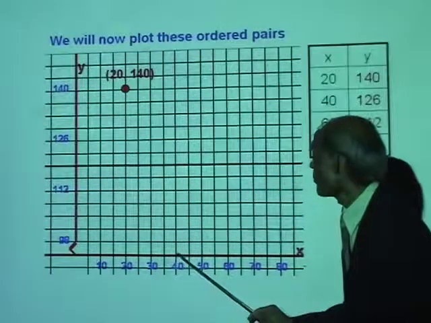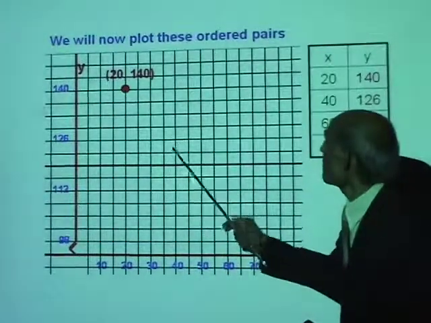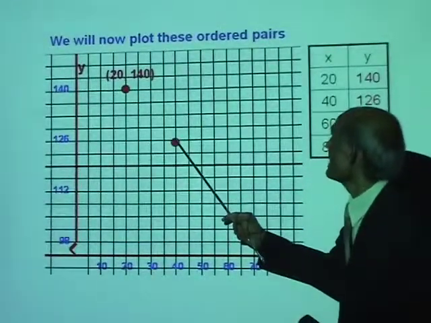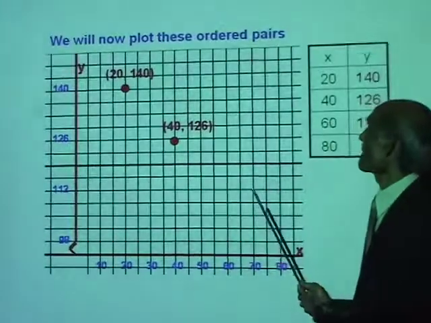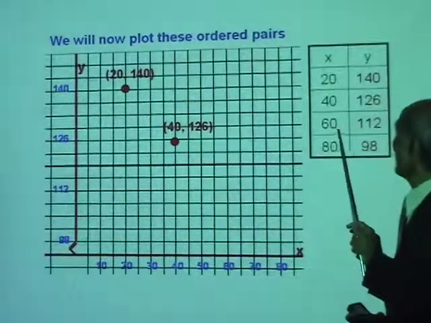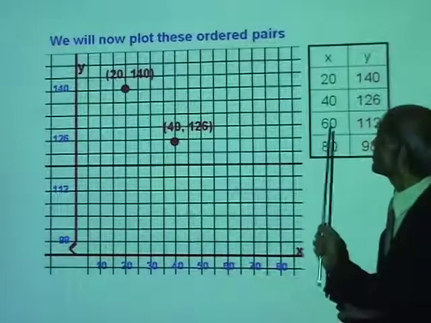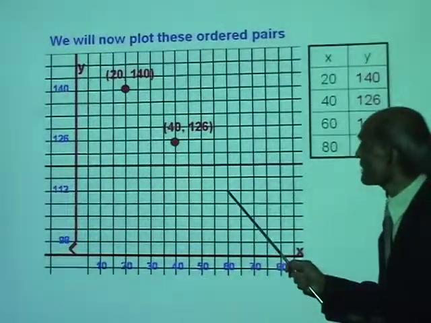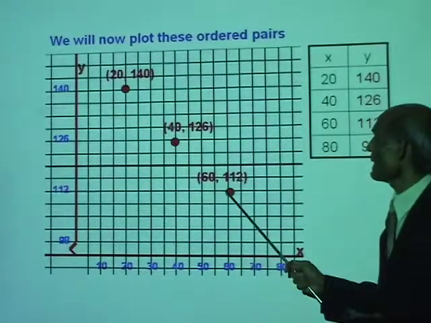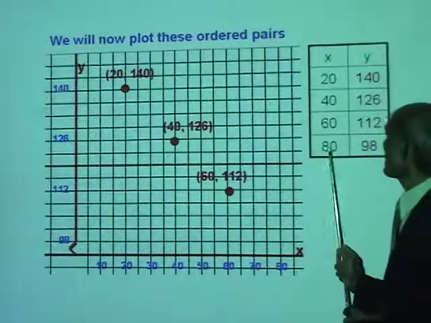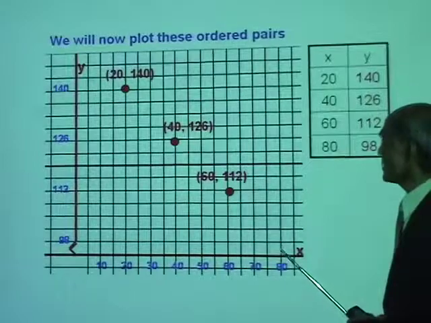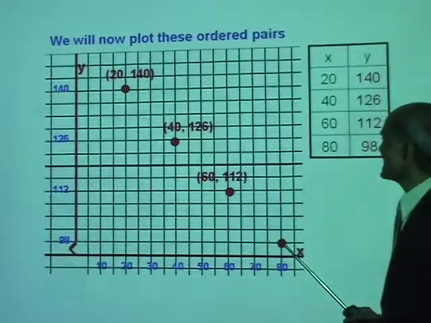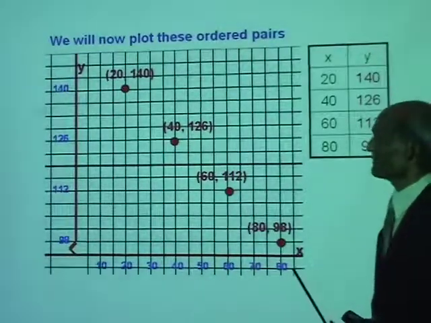There is the ordered pair. Where's the third one? X equal to 60, y equal to 112. There is the ordered pair. And the fourth one, x equal to 80, y equal to 98. That is the ordered pair.